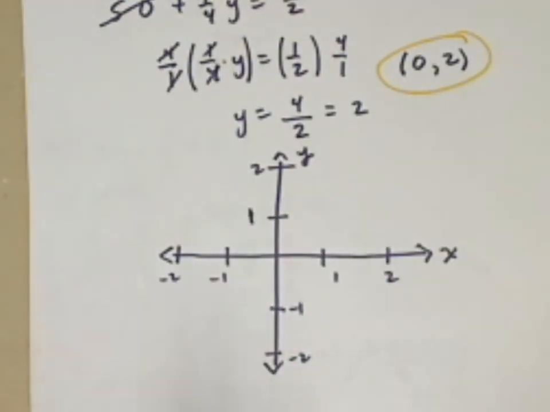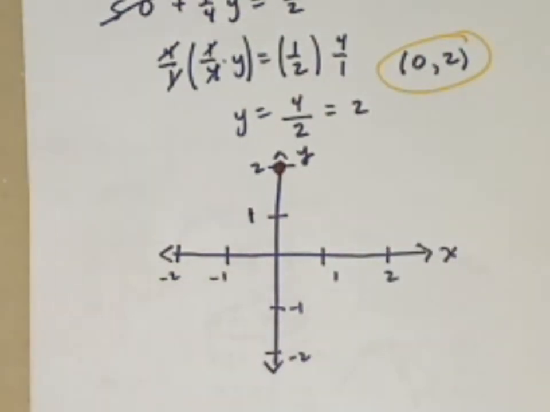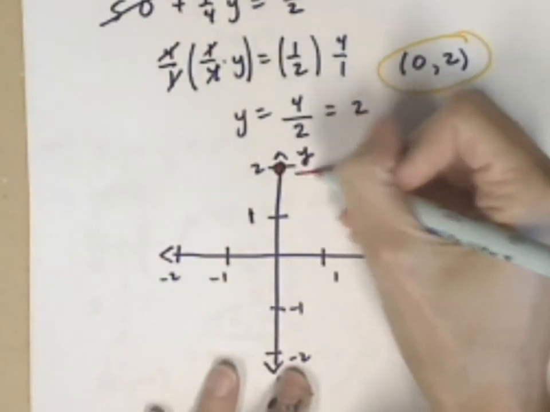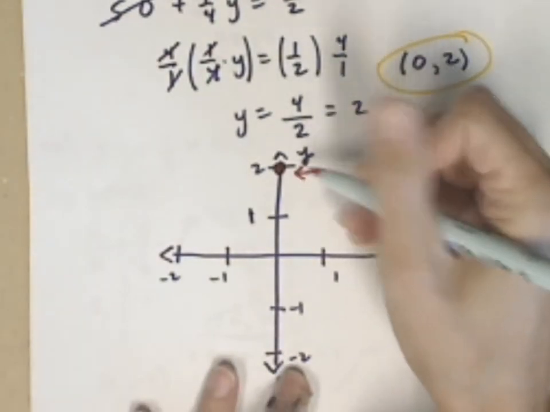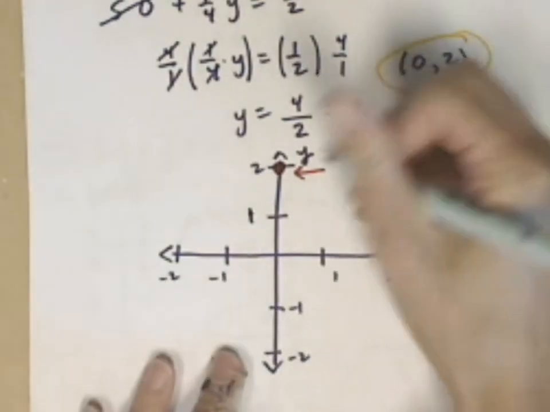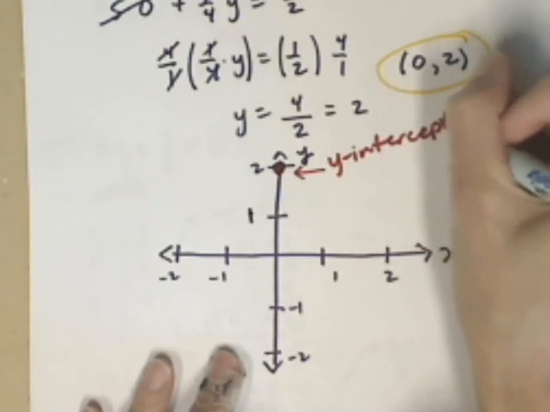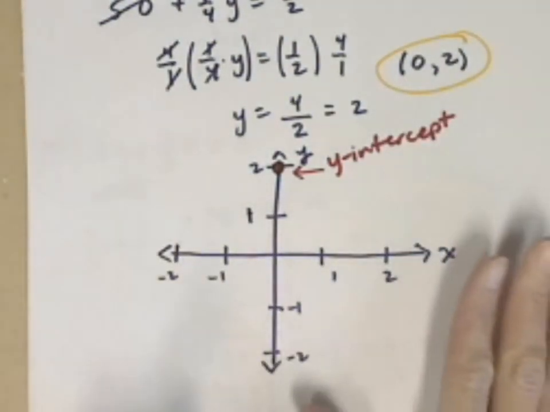I'm going to plot that in red. So there is 0, 2. This point, because it's where my graph touches the axis, that point is my y-intercept.